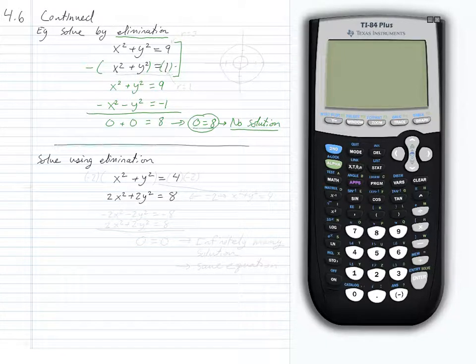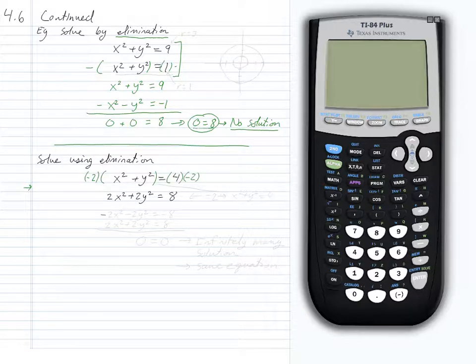For instance, if we solve this next system of equations, we would begin by trying to pick a variable that we wish to eliminate, and then multiplying as necessary to ensure that the coefficients are such that that variable does in fact eliminate when we add. So I think we'll multiply the top equation by -2.